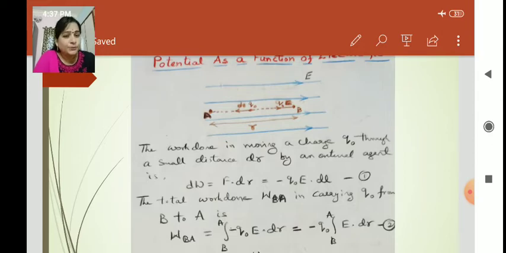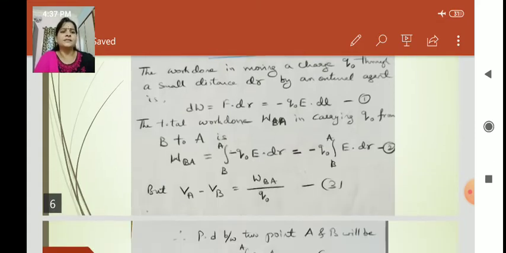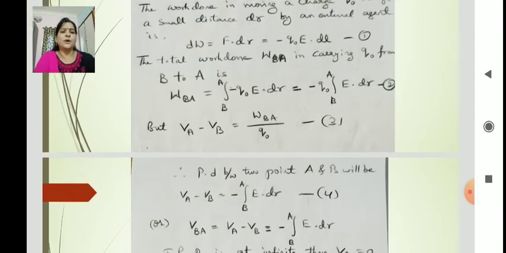So in order to move this test charge between points A and B, the force on the test charge is minus Q naught E. So dw is equal to minus Q naught E dot dr. Let this be equation number 1.